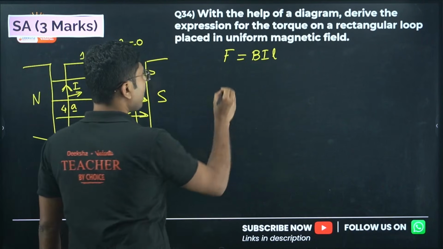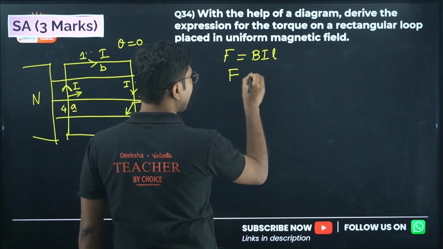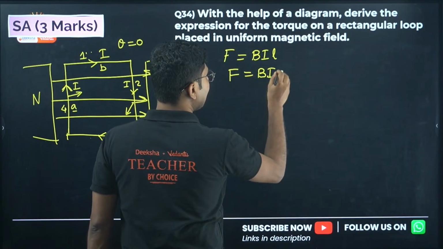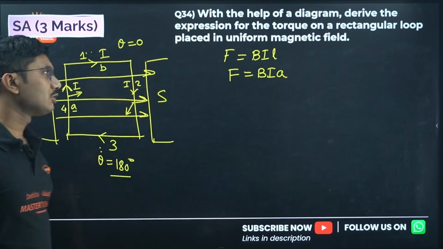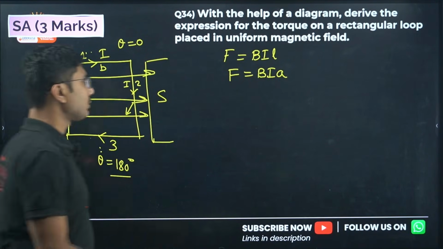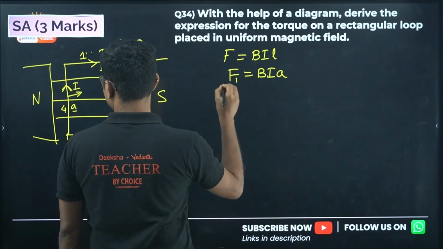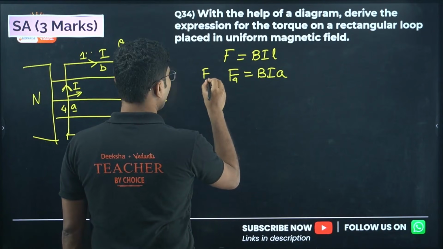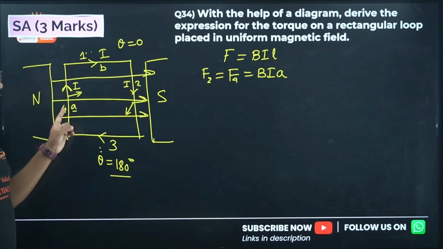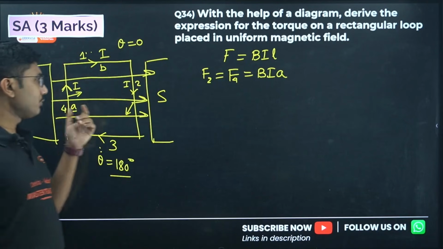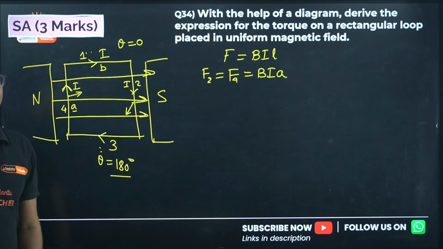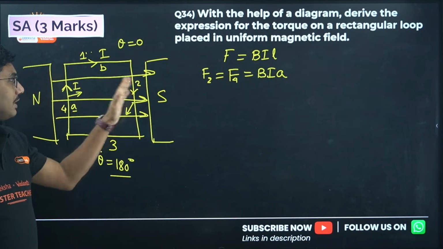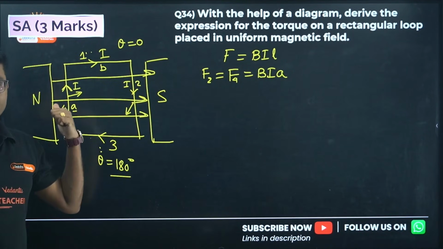So the force on any one of them is given by BIa. This is the force on both: F4 and F2, both will be BIa. This is the force acting on these two wires due to the external magnetic field.